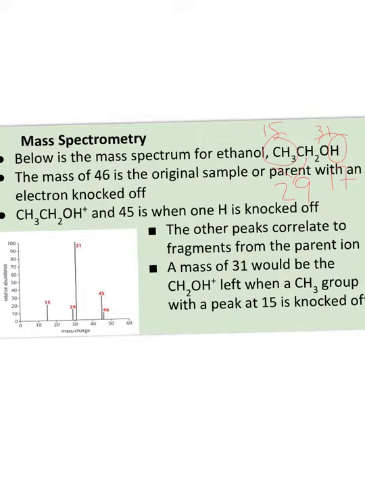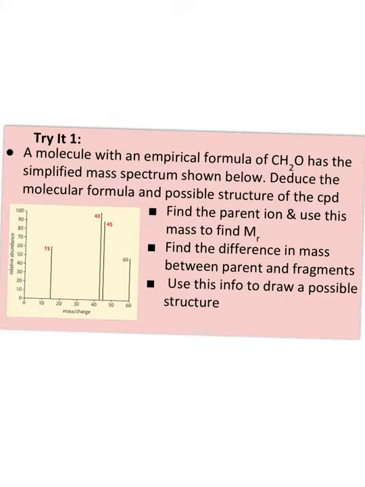So let's look at another example on the next slide. A molecule with an empirical formula of CH2O has the simplified mass spectrum shown below. Deduce the molecular formula and possible structure of the compound. The molecular formula is pretty easy because I can look at this and see that the molecular mass is 60.